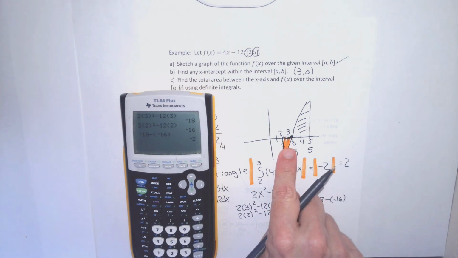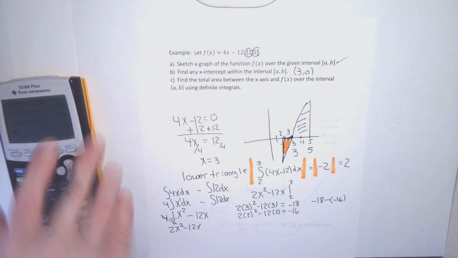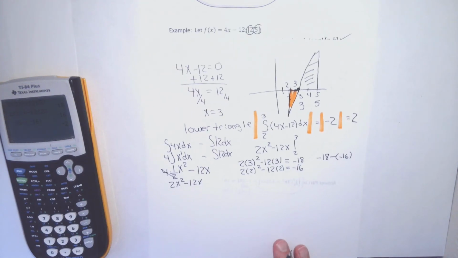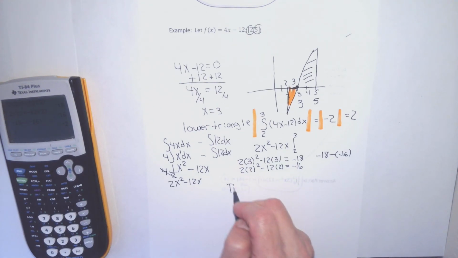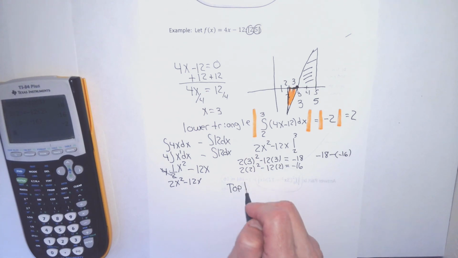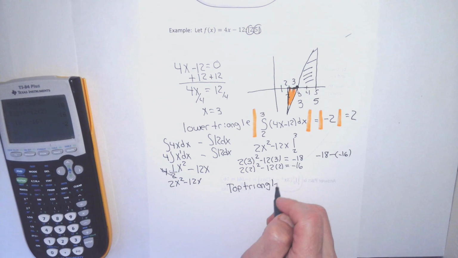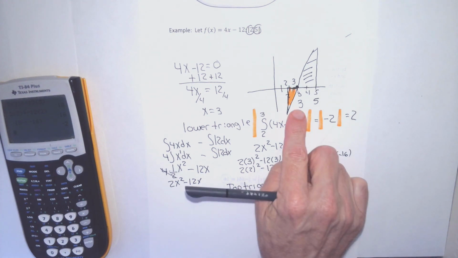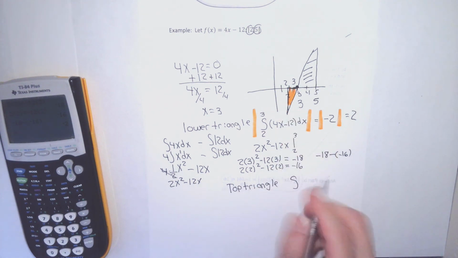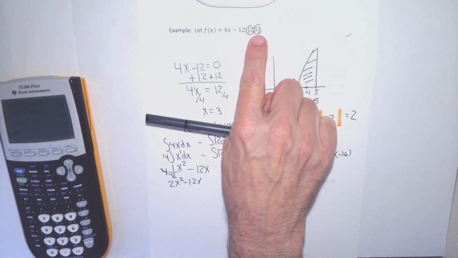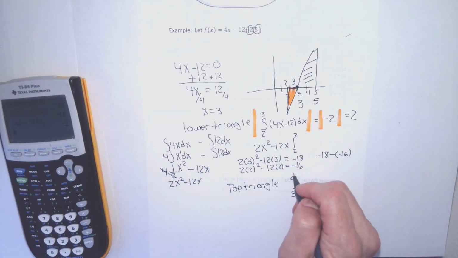Done with the bottom triangle, I'm going to move on to the top triangle. For my top triangle, the area should come out positive because that whole top triangle is above the x-axis. The top triangle goes from the x-intercept, which has an x coordinate at 3, to the ending number that I gave, which is 5.